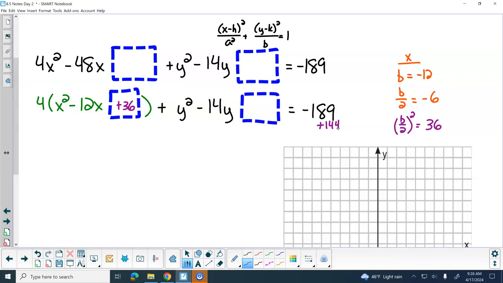Now we take on the y's. What is the b value for the y variables? Negative 14. I have to divide that one by 2. Negative 7. And then I have to square it.